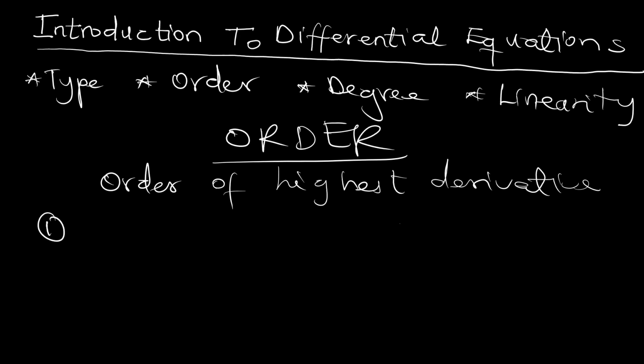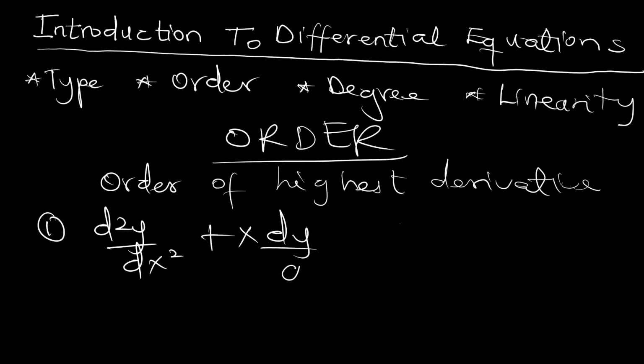Let's take these two examples. One, d squared y over dx squared plus x dy over dx minus y is equal to 3. Alright, now when we look at this differential equation, it is obvious that the highest order is what? d squared y over dx squared.